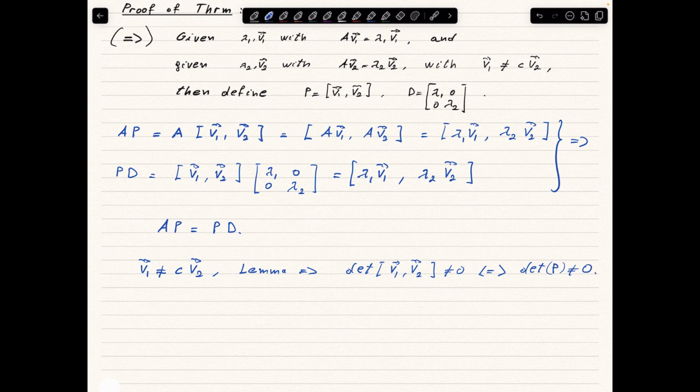So therefore P is invertible. So P inverse exists.